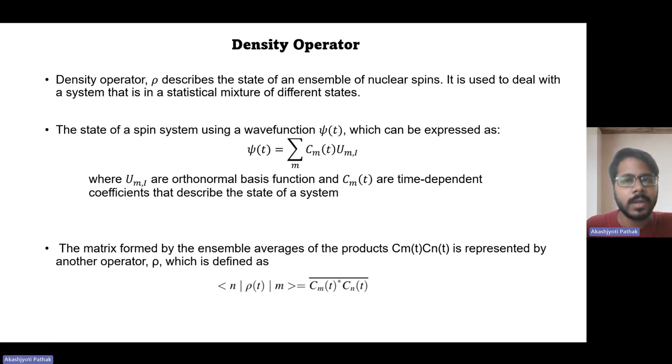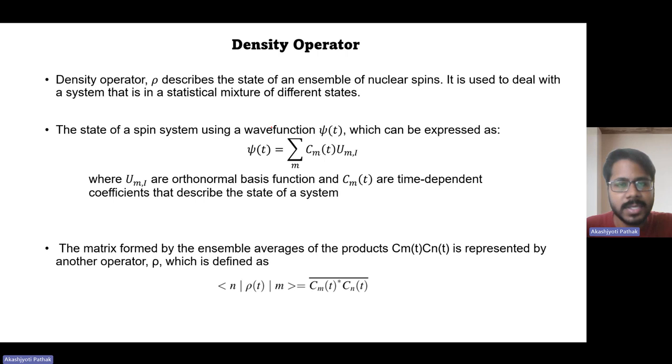So in a sample we have an ensemble of nuclear spins, a number of nuclear spins, and these nuclear spins are randomly oriented. If we want to deal with such a system which has multiple nuclear spins, then that can be described by an operator, called the density operator.